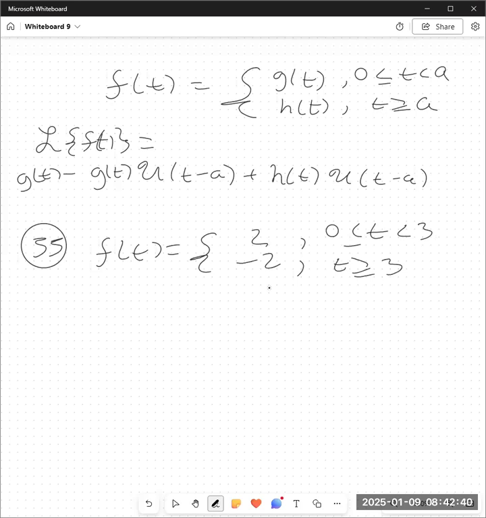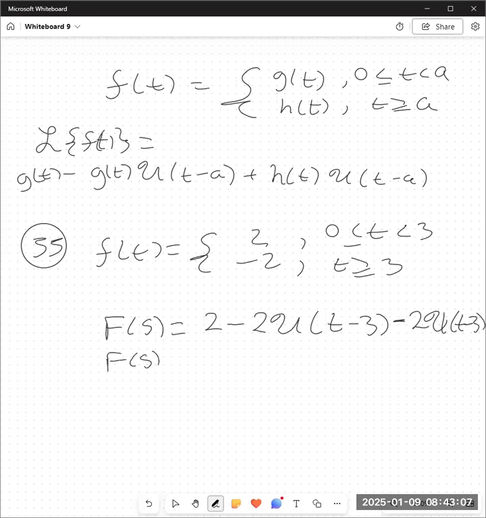So my f of t here is going to be equal to 2 minus 2 unit step t minus 3 plus a -2 is minus 2 unit step t minus 3. Those are like terms, so let's add them together. That's 2 minus 4 unit step function t minus 3.